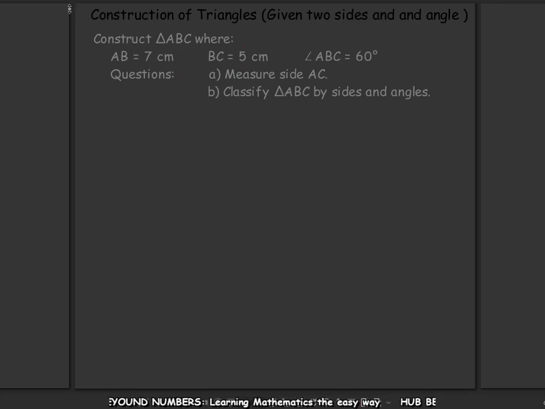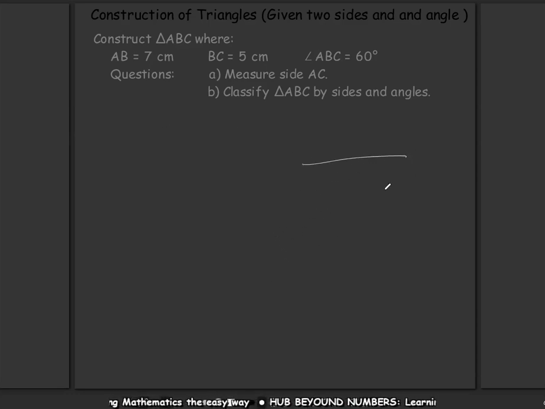It says you have to construct triangle ABC, where AB is 7 centimeters and BC is 5 centimeters, and angle ABC, that is the angle at B, is 60 degrees. Before constructing, you have to get a clear idea of what you want to do, right? So let's use some free hands.